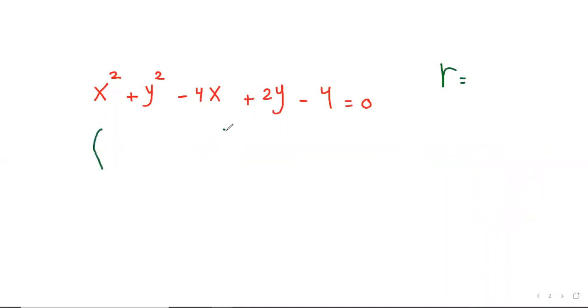So here in this equation, I want to get the length of the radius. To get the length of the radius, you must find the two coordinates of the center. So Yusuf, how can we get L and K?